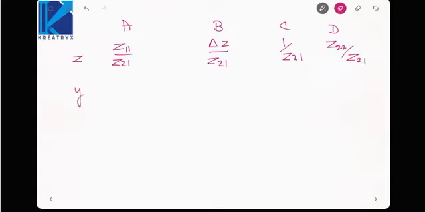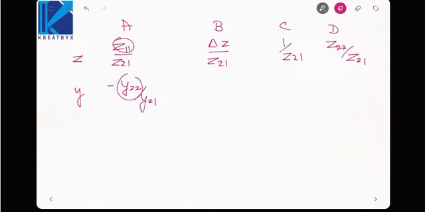You will take a negative sign and replace Z11 by Y22. Sorry, it will be first like minus Y22 by Y21. So what I have done is I have replaced Z11 by Y22 and multiplied by the minus sign.